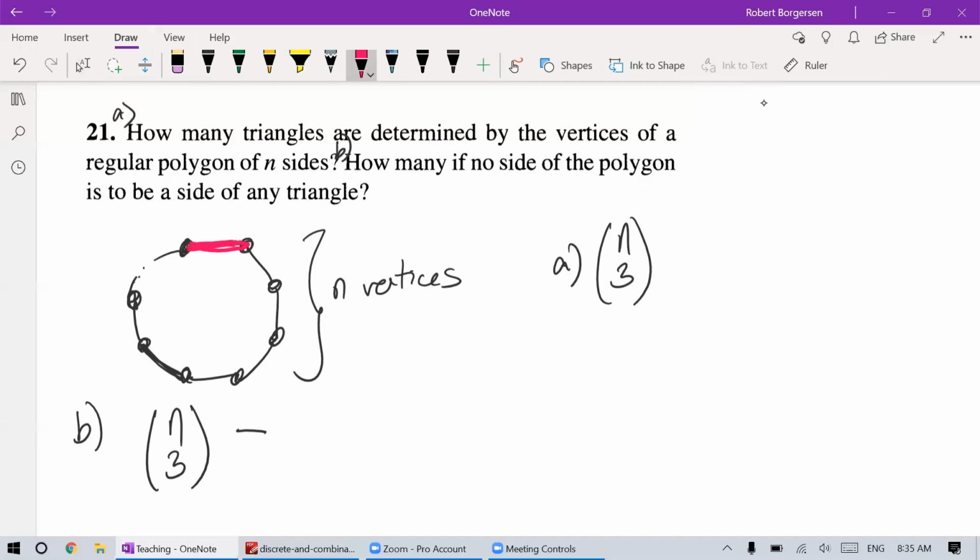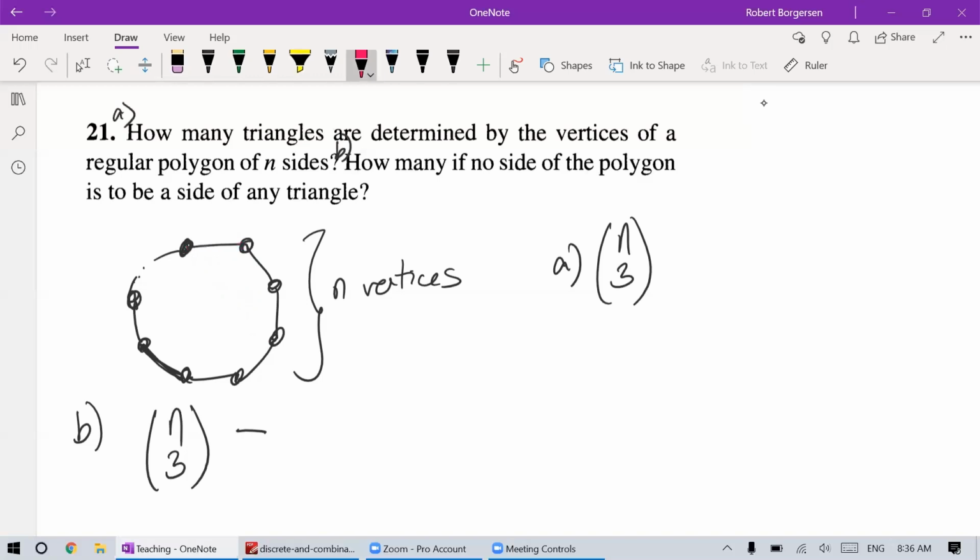Well, there are n points in total here, and I've used those 2. So it has to be n minus 2 others can be added, right? Any one down here, you just pick that point and then you join up the lines, and there are n minus 2 choices that use that edge. Now that's how many with that edge.